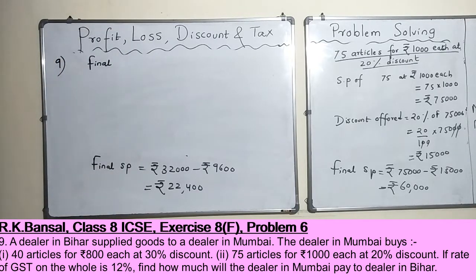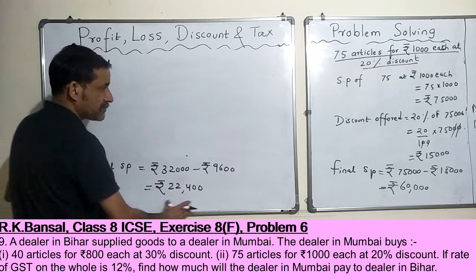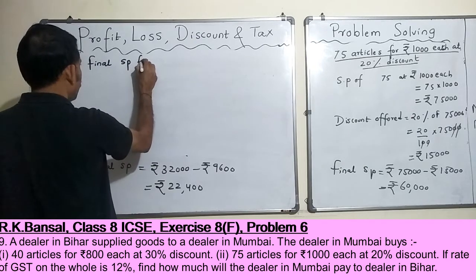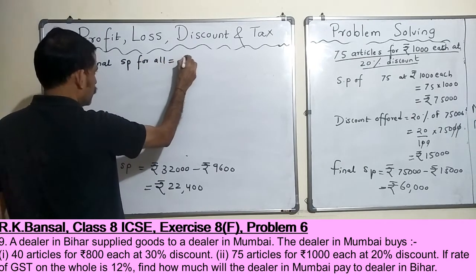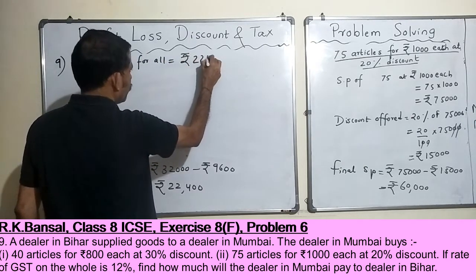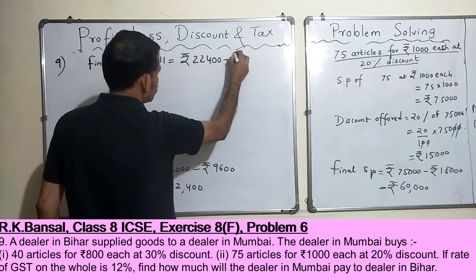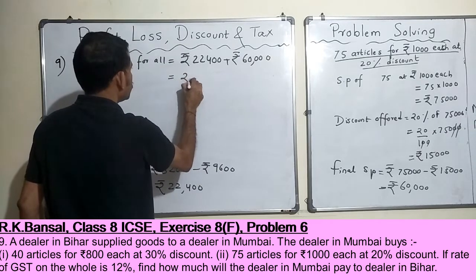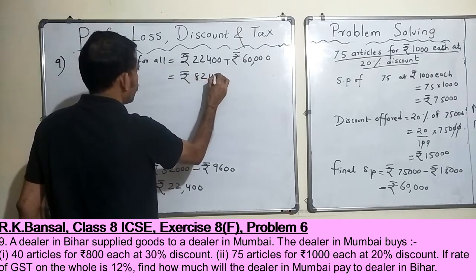So there is final SP for one set of items, final SP for another set of items. So what is the final SP for all? It is equal to rupees 22,400 plus rupees 60,000. Correct, no? So it becomes rupees 82,400.